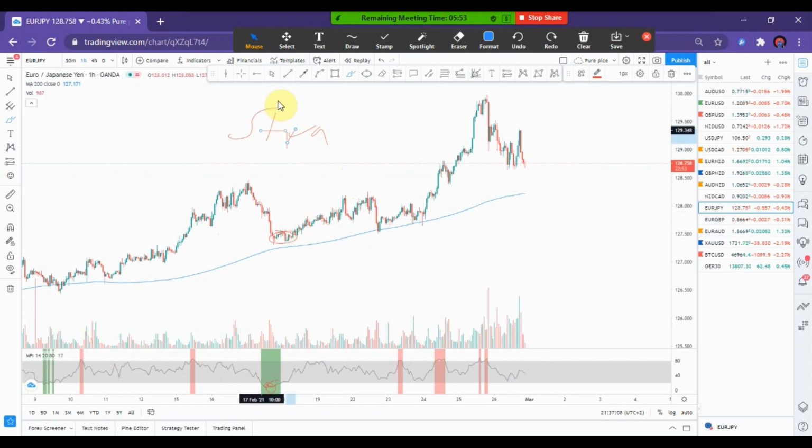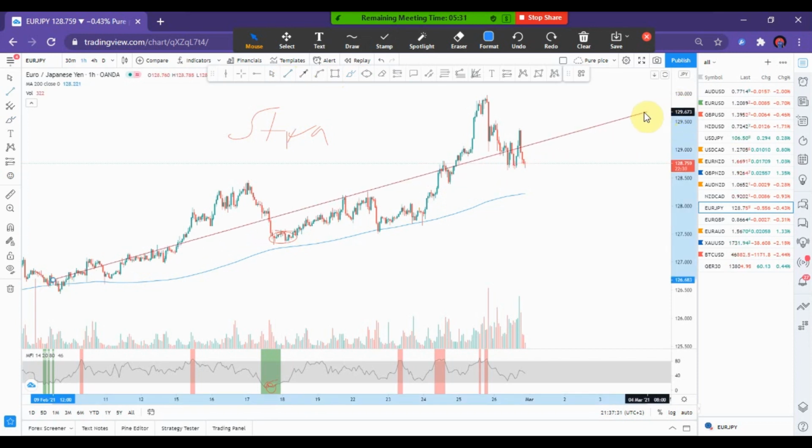So when it comes to targets, let me just answer the question. When it comes to targets, like take profits or stop losses, it's an issue of observing the lows and the highs, which summarizes market strength. So for an example, I drew the line here, in the middle of the price.